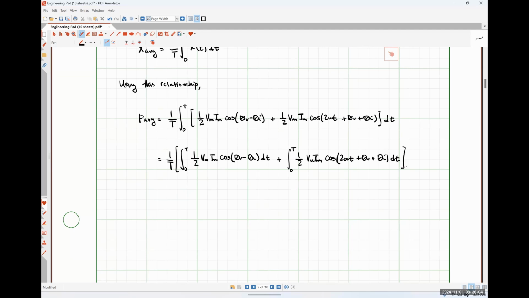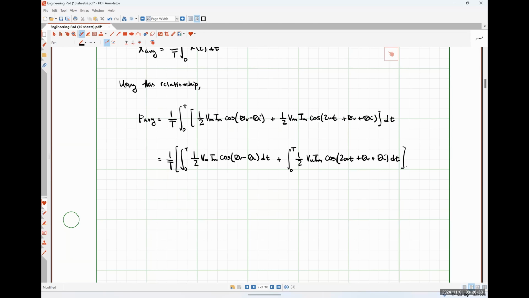Close those braces. Does anybody have a problem with me splitting that integral up into two integrals? Since our original integral was just the sum of two functions, I'm just integrating both of those functions and adding the results together. And because integration is a linear operation, that's perfectly okay.